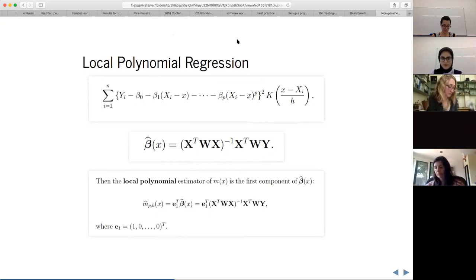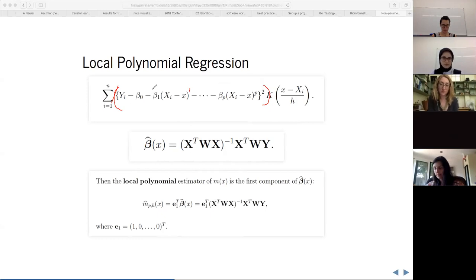So let's go with the drawing mode again. Sorry about the inconvenience. We would like to find the values of beta that minimize that expression, where this is a power 1, this is a power p. It's just a polynomial, different powers of your data points centered around some fixed values.